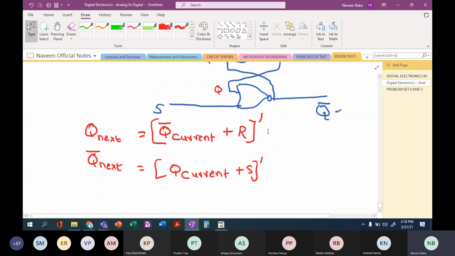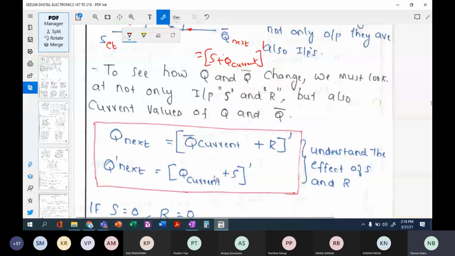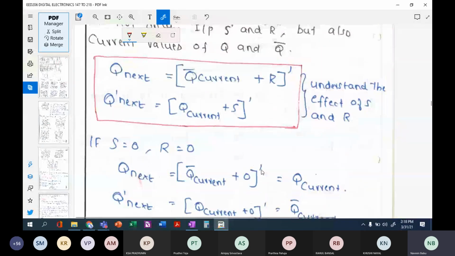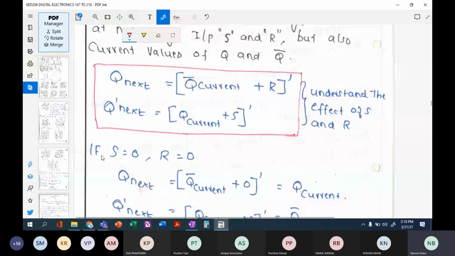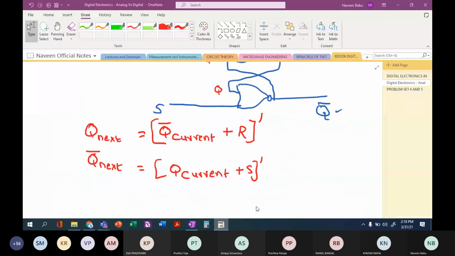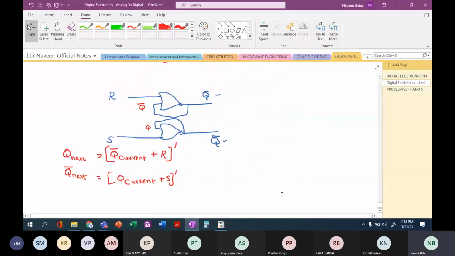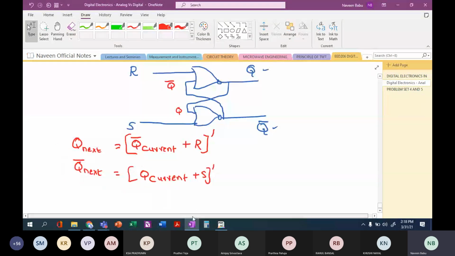Okay, now let us see different cases. What if S is equal to 0 and R is equal to 0? I do not know what this Q and Q bar value is.